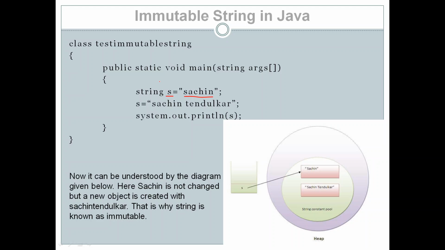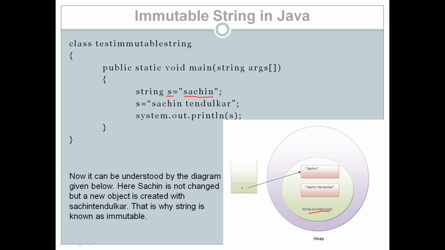Now when we create a string object, what happens in the backend, that is in the memory, how the memory is allocated, has been shown in this image. We have the heap memory, the computer's memory. In that we have one more round circle, called the string constant pool. The memory for a string object is always assigned from the string constant pool, remember.